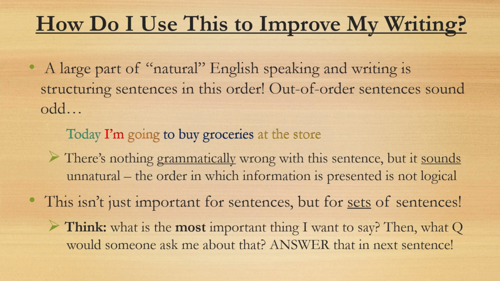And then you answer that question in your following sentence. This is how you logically construct multiple sentences in a way that they follow a pathway that matches the way that we naturally think about communication and what information we want to know and when we want to know it.